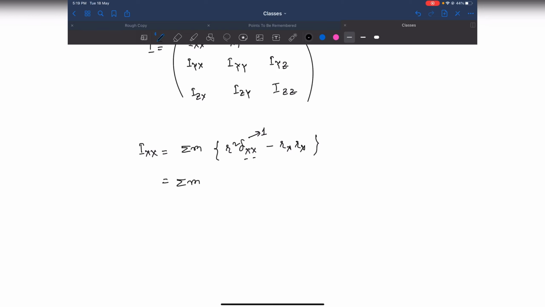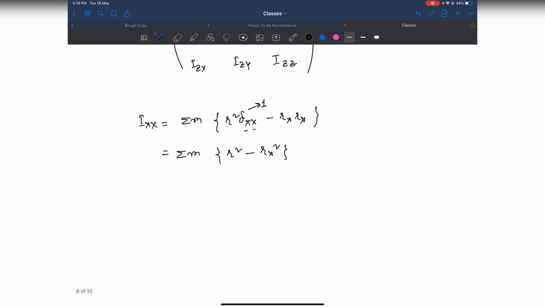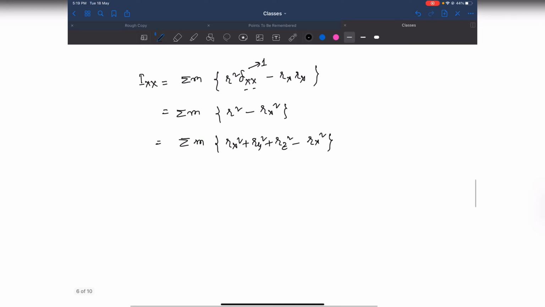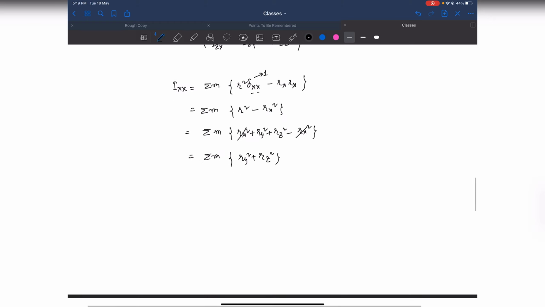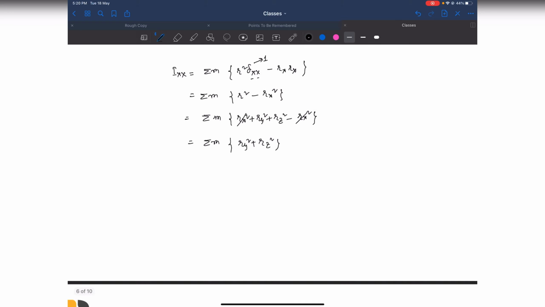So summation of m (r square minus rx square). Now r square can be broken into its components, rx square plus ry square plus rz square, minus rx square. Now rx square cancels out and we remain with ry square plus rz square. So this is the xx component. I am not going to derive yy and zz because they will be similar, so let me write them.